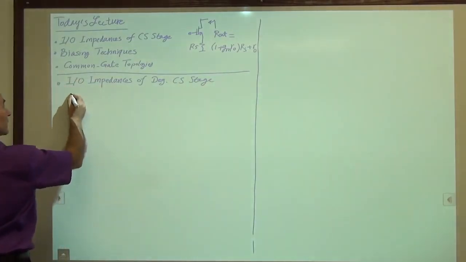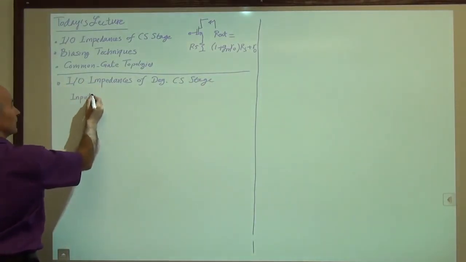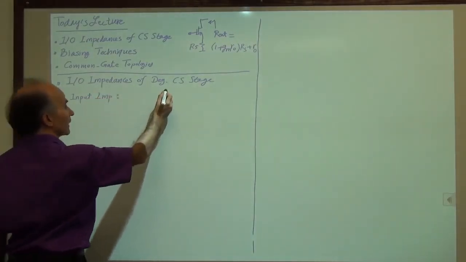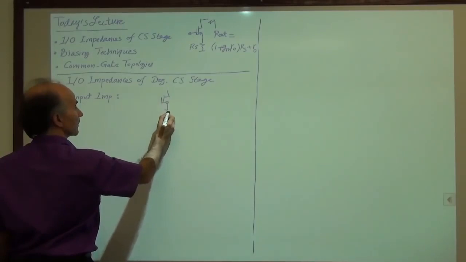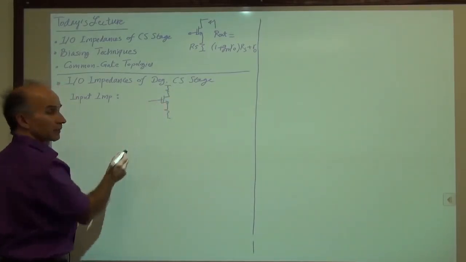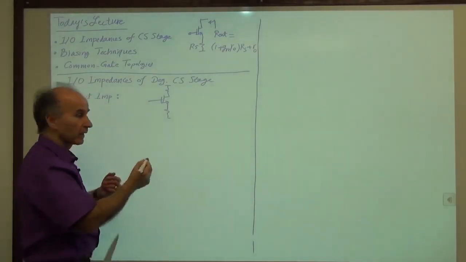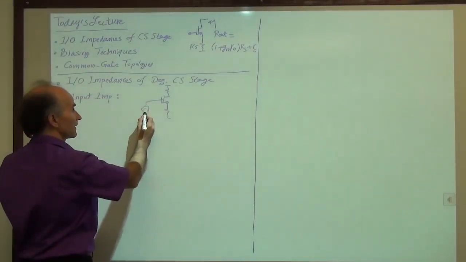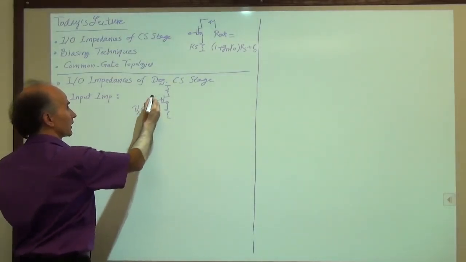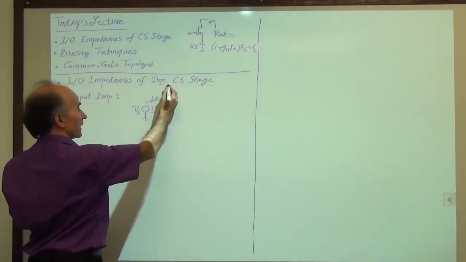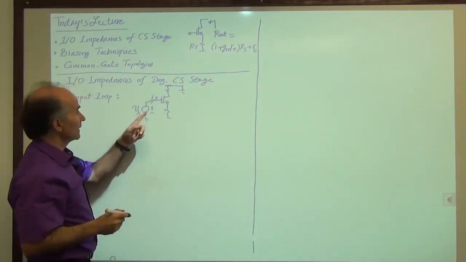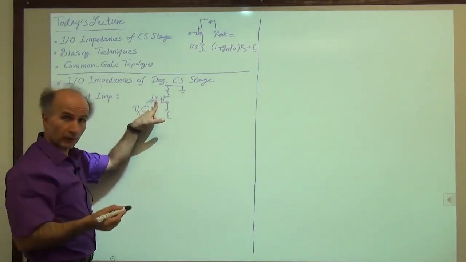So for the input impedance or resistance, we are looking into the gate. So we have something like this, and we're trying to measure this input impedance. If we apply our usual test, where we apply a small signal voltage Vx and measure the current, and of course in that case the supply voltage is at AC ground, then we see that this Ix is 0 at low frequencies.